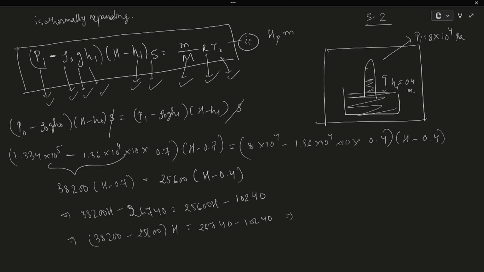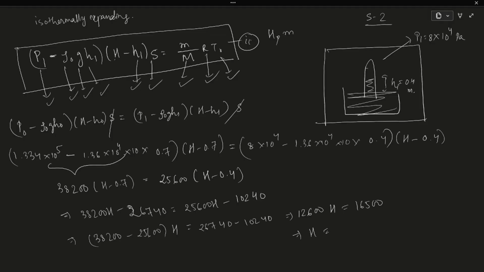So 38200 minus 25600 is 12600 H, equal to 26740 minus 10240, which is 16500.